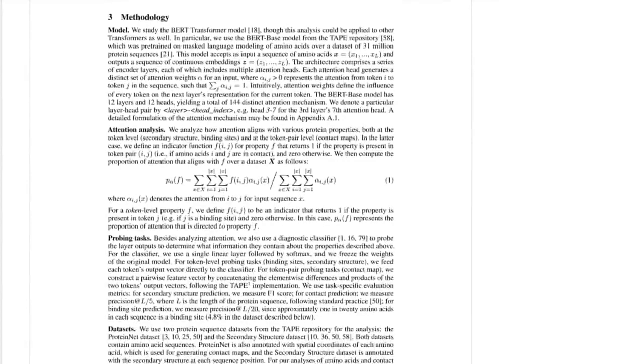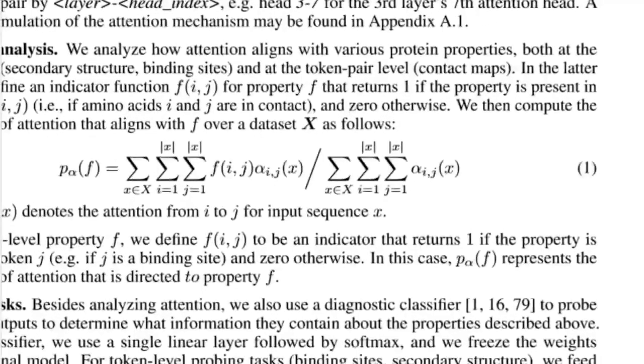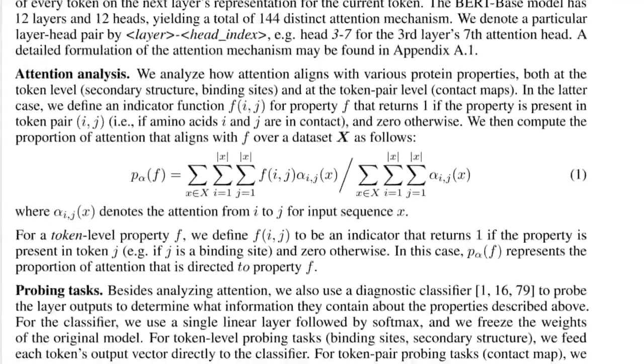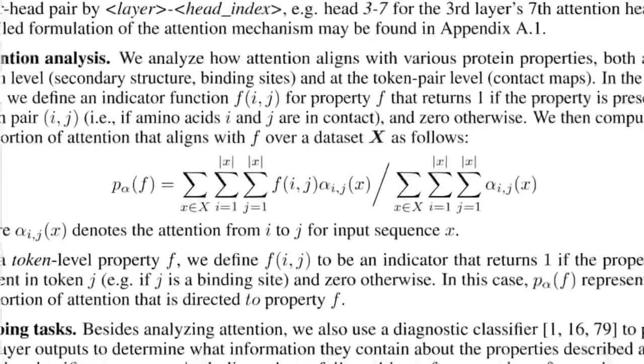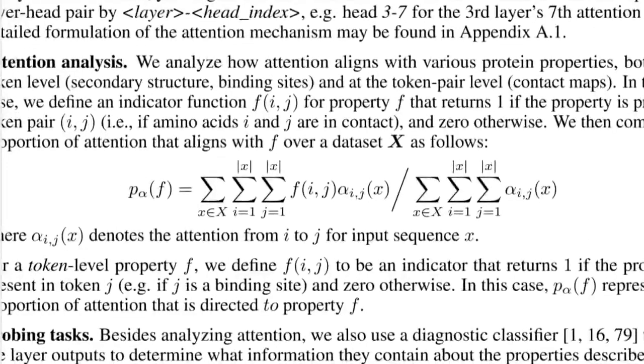So they're going to look at two different things, or actually more than two, but they formulate this in an abstract way right here. What they'll look at is the so-called properties, a property F. This property F can be, for example, that an amino acid is a binding site.